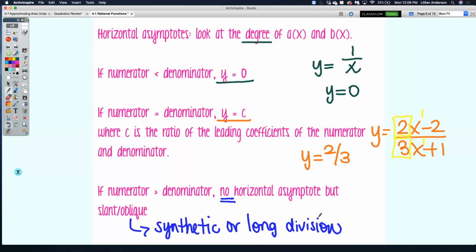Essentially you divide the numerator by the denominator and get the equation, and that would be your slant or oblique asymptote. Slant is the synthetic, oblique is your long. We'll talk about long division on Wednesday, so you won't have any obliques yet. It's just slant.